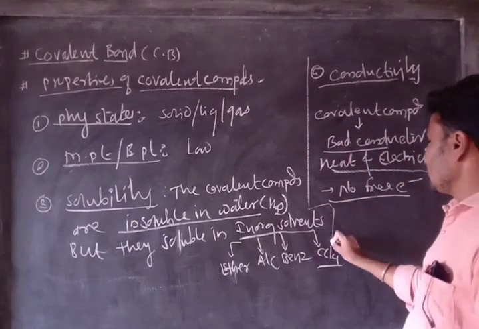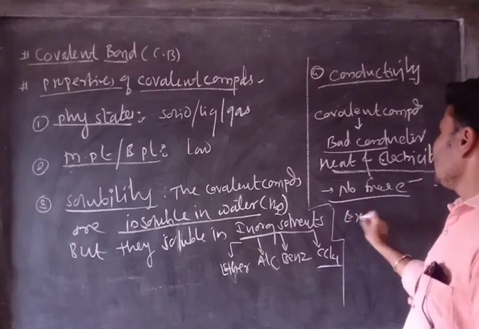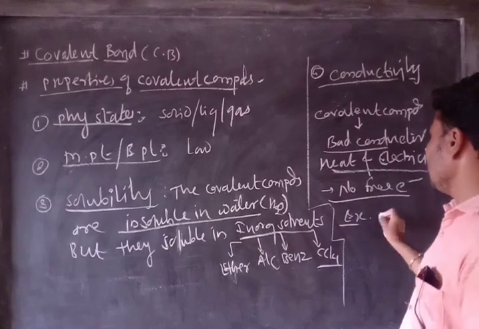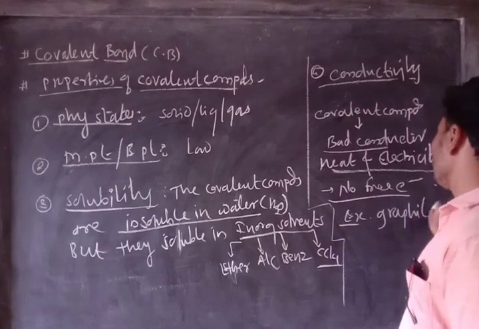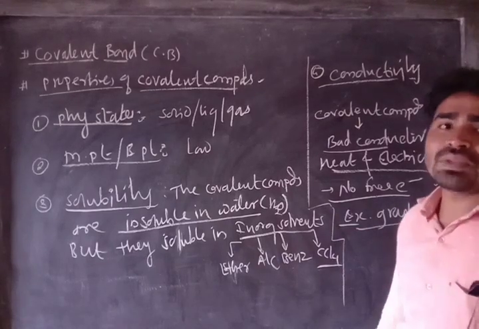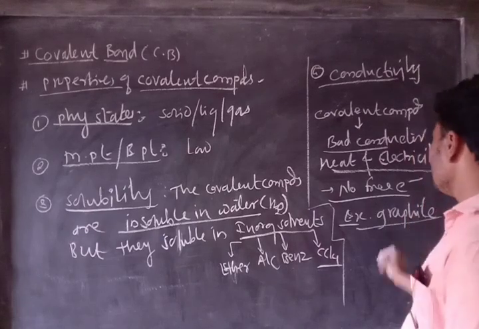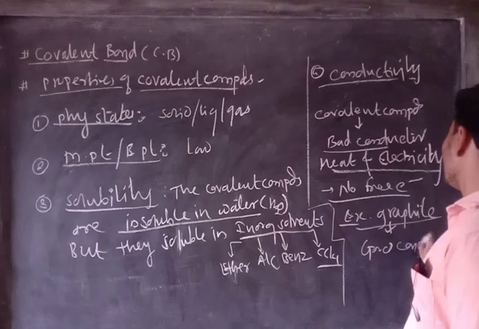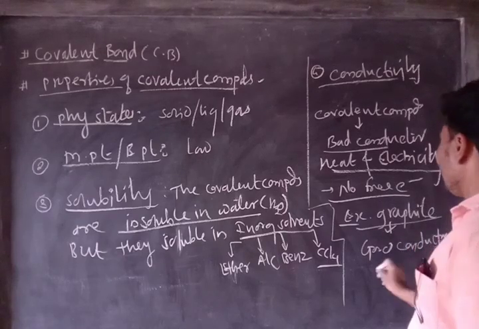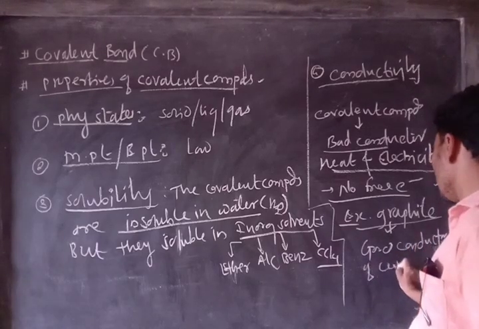But here is one exception: graphite, which is the purest allotrope of carbon, is a good conductor of electricity or current.